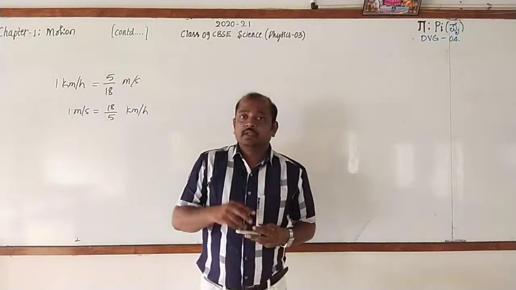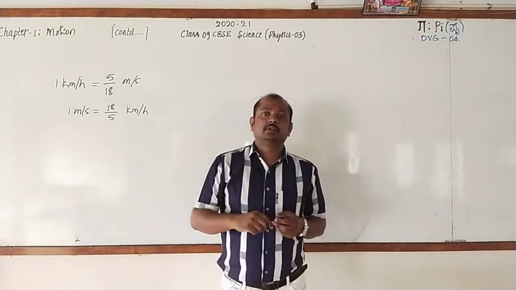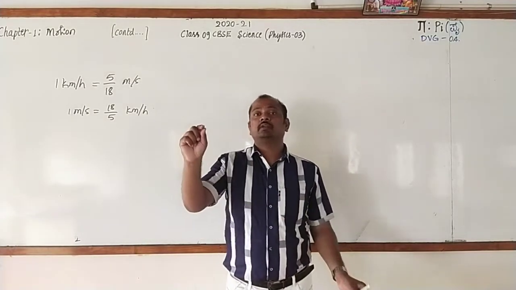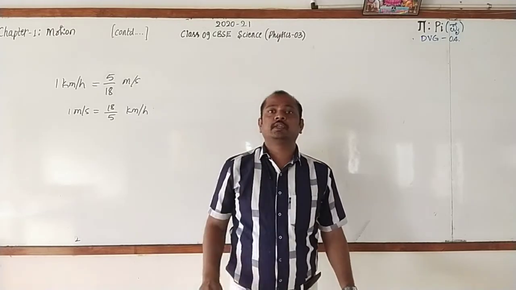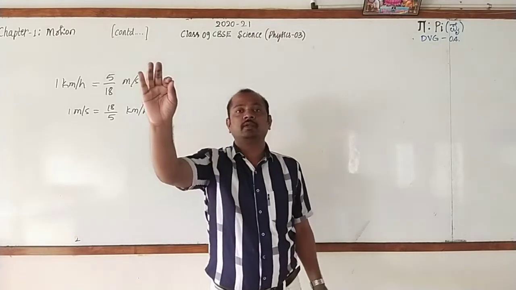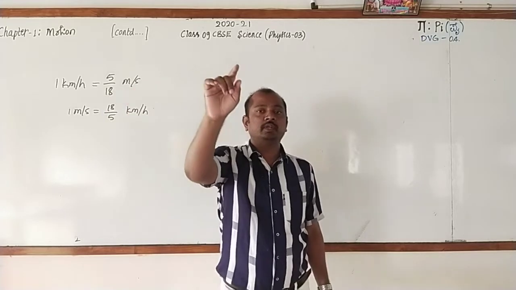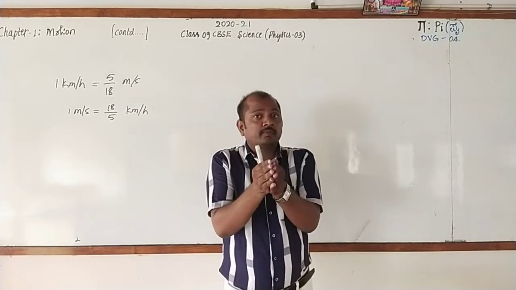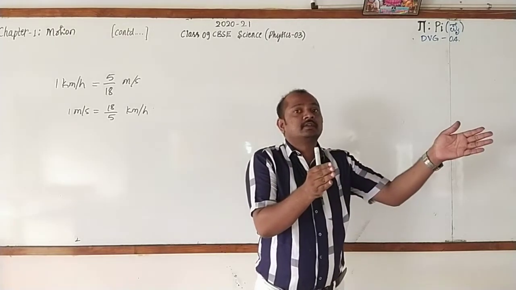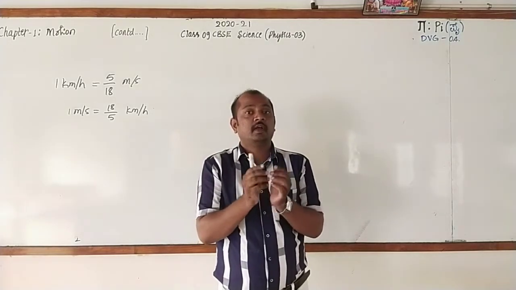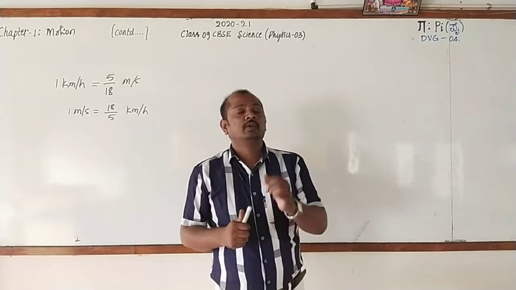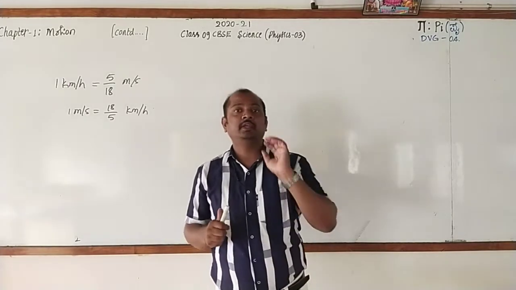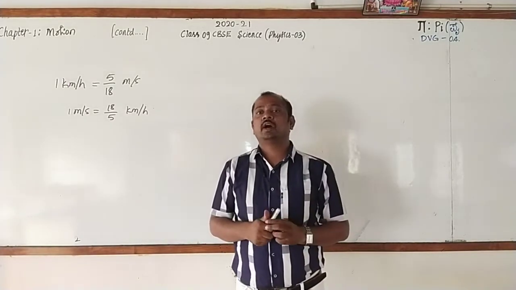Then, if a body is moving with uniform motion, the speed of that body can be found using the formula v equal to d by t, right? But if in equal intervals of time the distance covered changes, under such a condition what will you do? You will go for average speed. What is average speed?